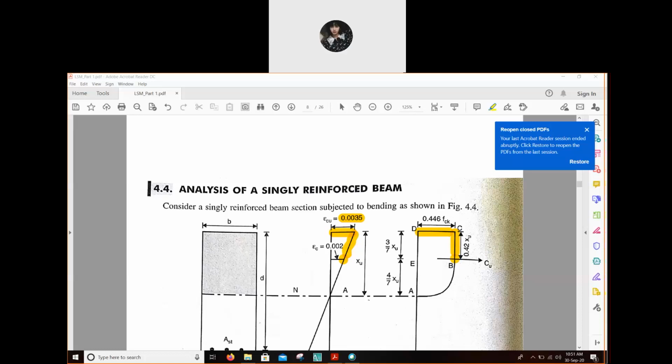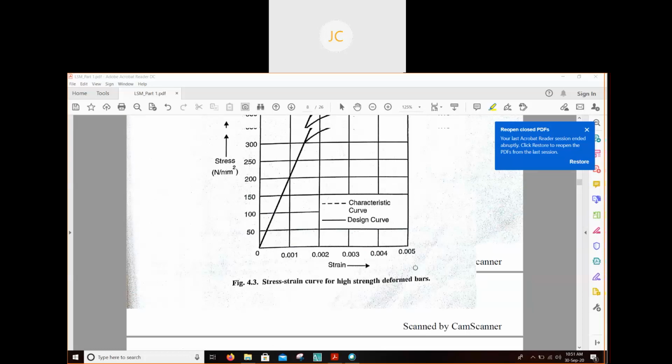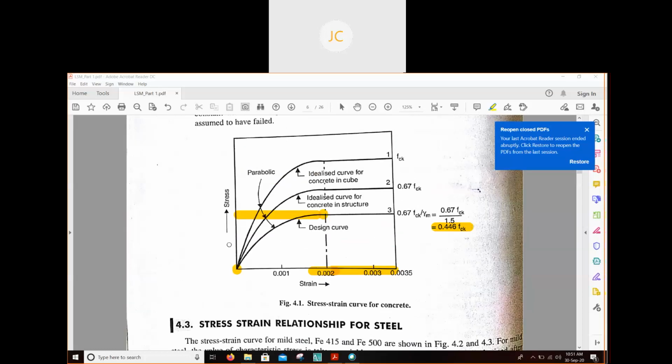So this graph is our strain diagram and this is our stress diagram, and both diagrams come from this stress strain behavior of concrete. This is our stress, this is our strain, and this point is our neutral axis. From the neutral axis our stress strain behavior is parabolic. As soon as our strain becomes 0.002, from that point our stress becomes constant, and that value is 0.446 fck, or you can say 0.45 fck.